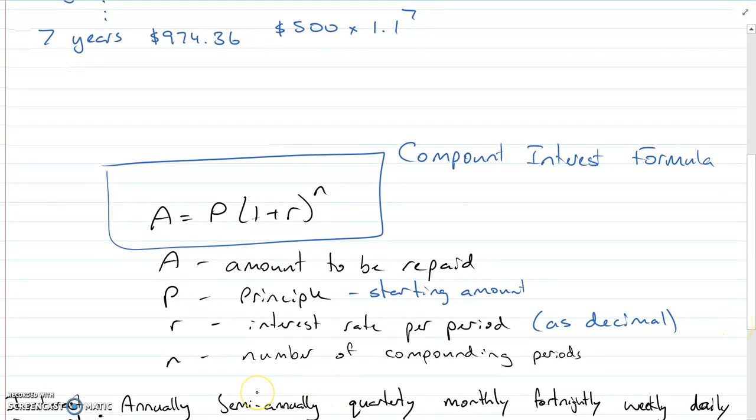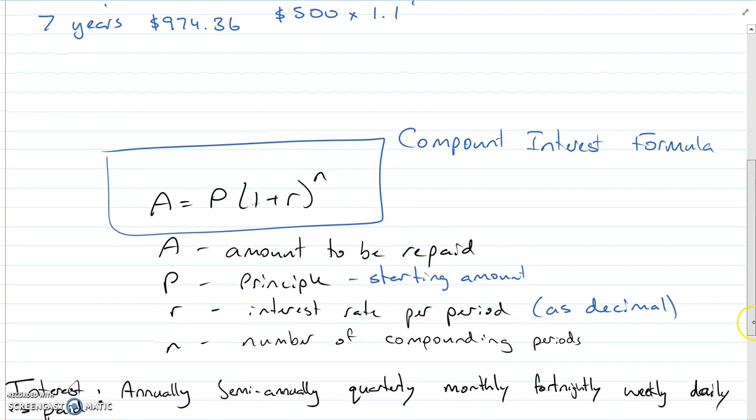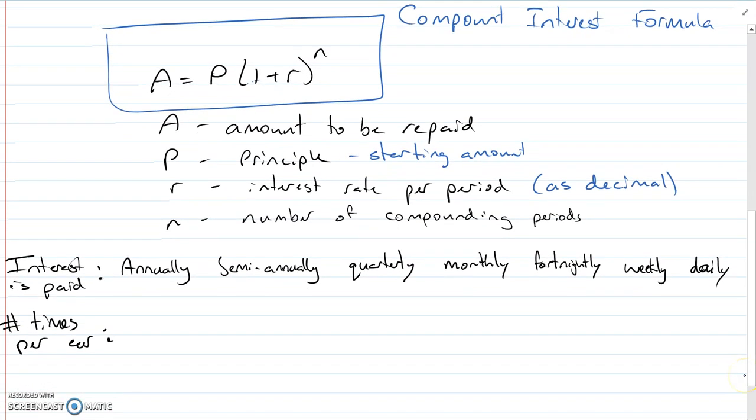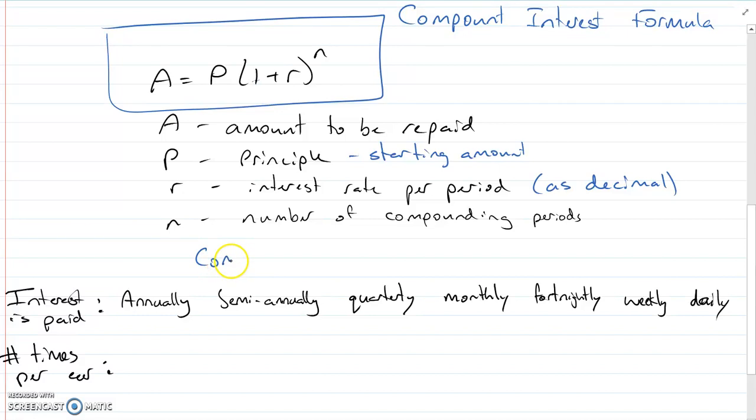I didn't say N is the number of years because there are situations where you get your interest several times a year. Let's look at different compounding periods. In the example we looked at, interest is paid annually, once per year.